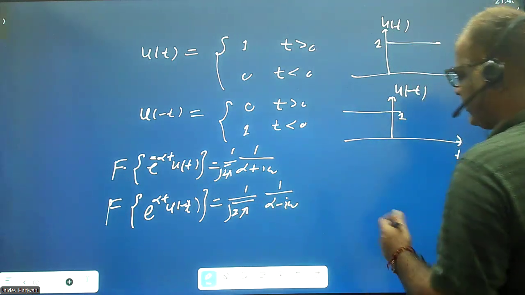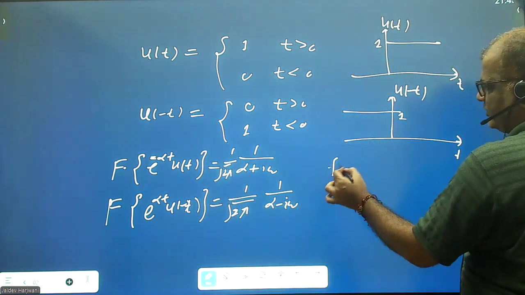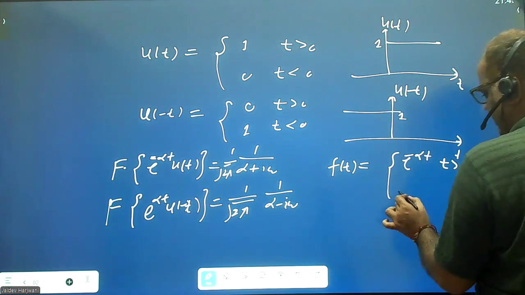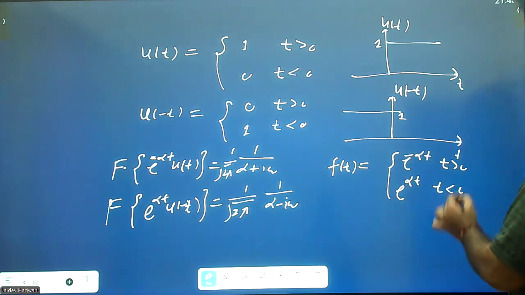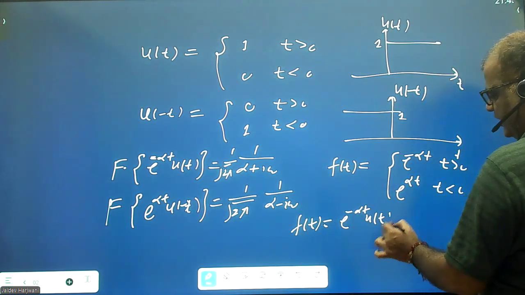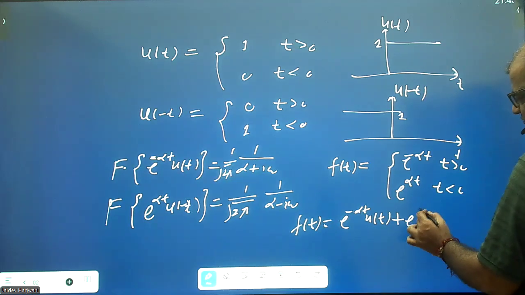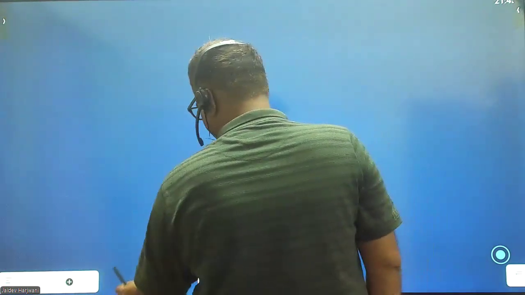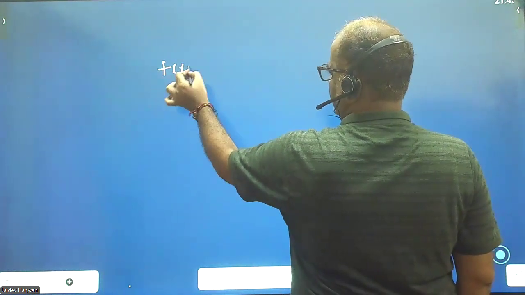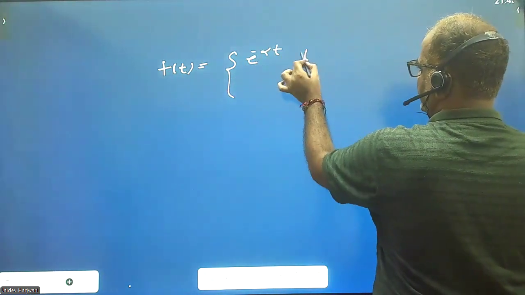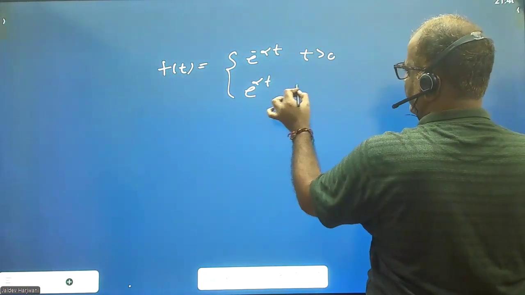So the given function f(t) is e power minus alpha t when t is greater than 0, and e power alpha t when t is less than 0.